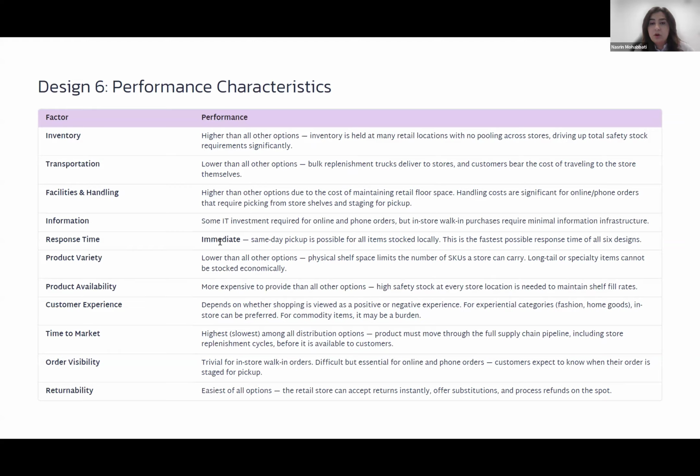For example, Target acquired a startup company a few years ago just because they had developed a system of order online, pick up in a store.